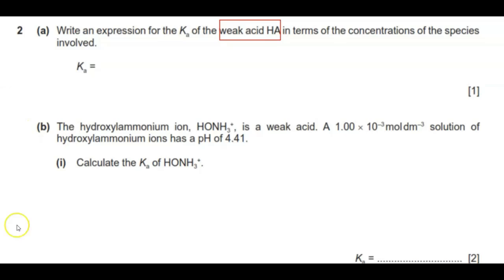You will write it. It is very simple, but I would like an equation for HA, which is a weak acid, giving H plus and A minus.